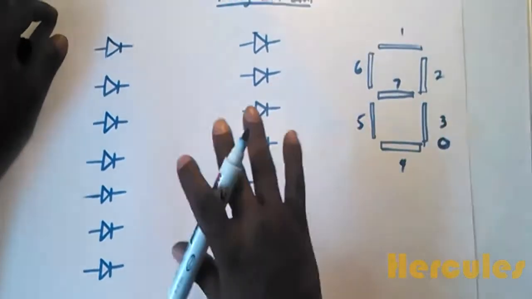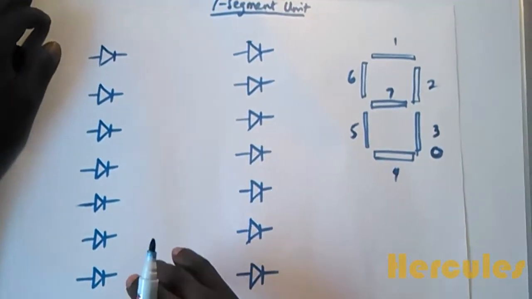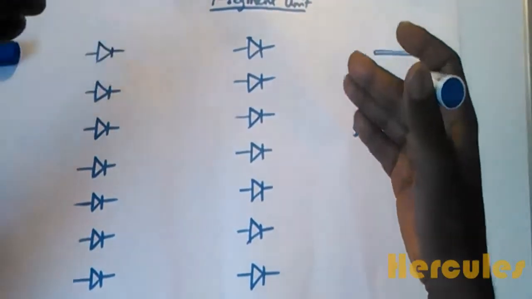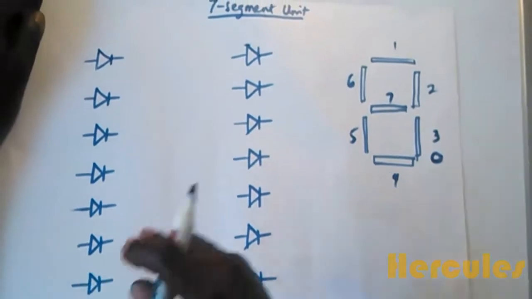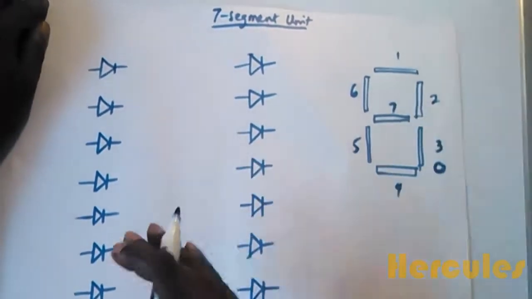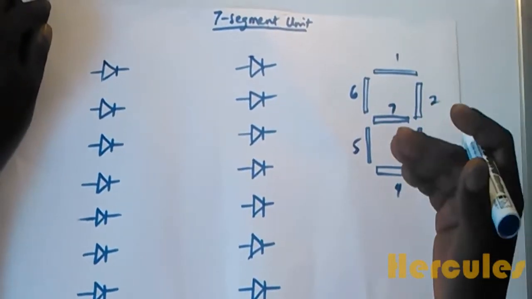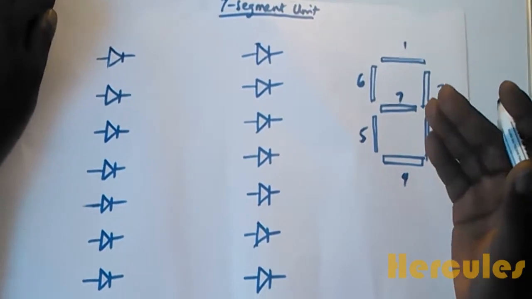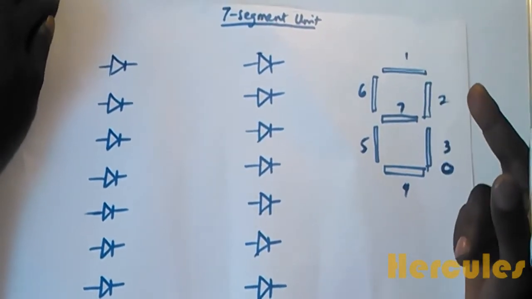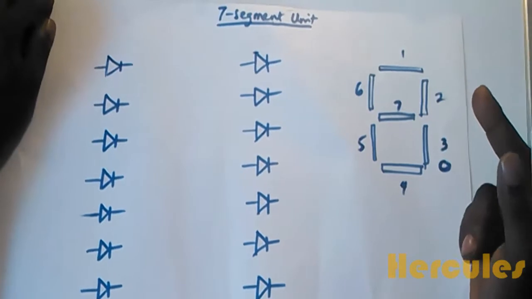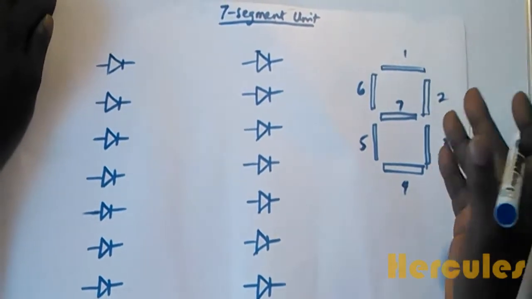So I just want to walk you through how the LEDs are actually connected inside the 7 segments. I explained earlier that 7 segments are of 2 different types. The first is the common anode.